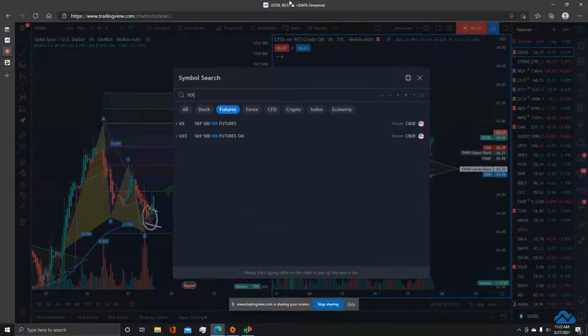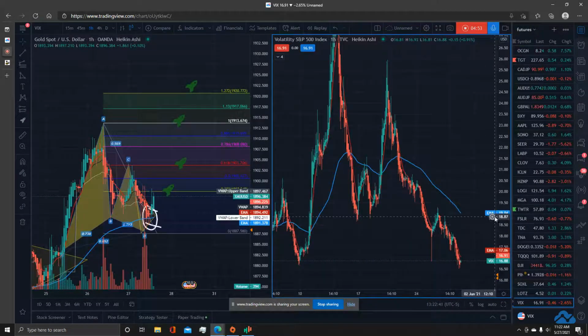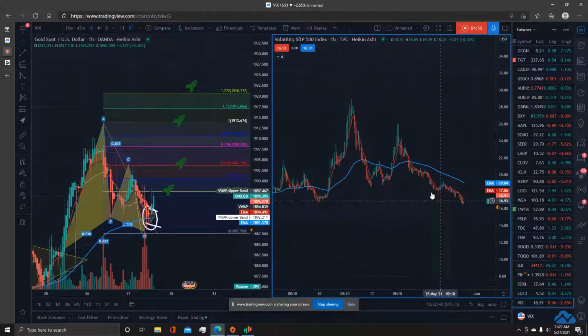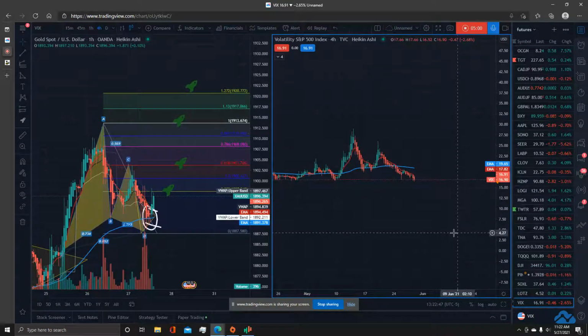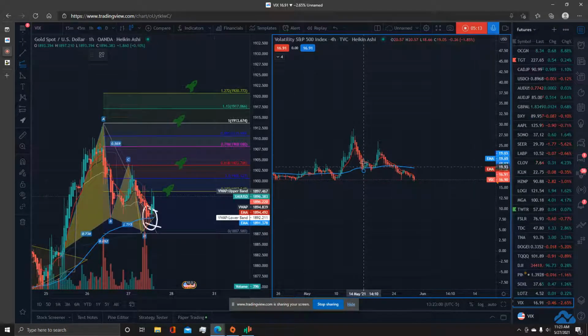Another thing I'm just watching right now. There's this VIX pattern, guys, just be careful of this one for longs. This could happen. Again, this is one of those ones that's a little bit harder to see, but it is here.